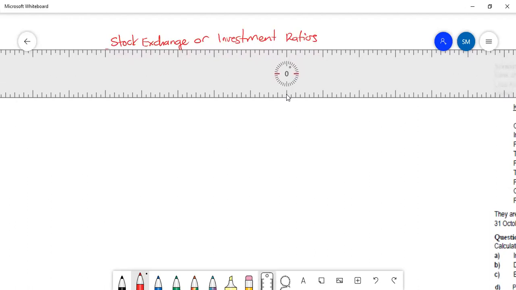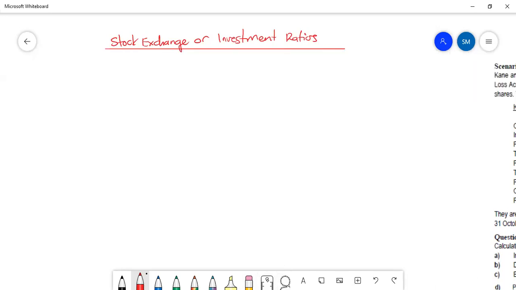These are the common ratios that are used most of the times when you are analyzing performance of shares or stock on a stock exchange, or those stocks that are listed on the stock exchange. So they are more or less at times used for valuation purposes.